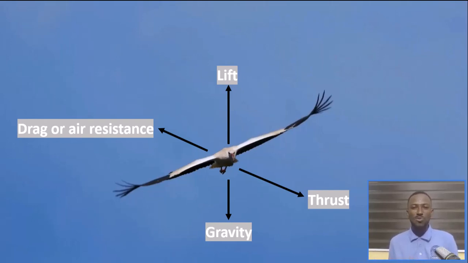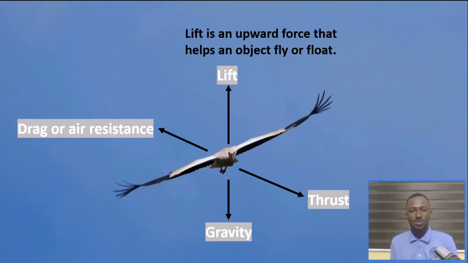Which of these are the natural forces? Definitely, it is the drag or air resistance, and then gravity. Gravity is trying to pull the bird down, and air resistance is trying to pull the bird backwards. But as the bird flaps its wings, it moves through the air. That is what we refer to as the thrust.